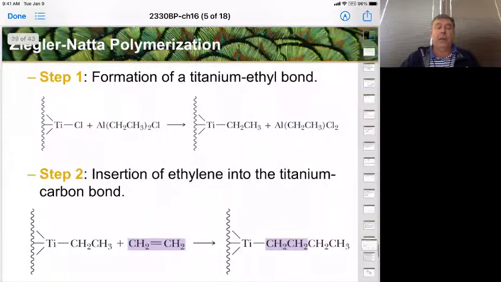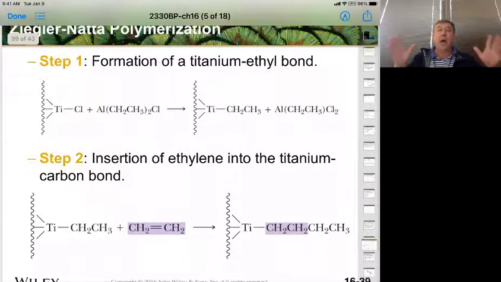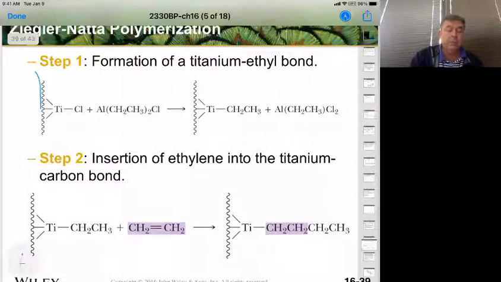Okay, so the way it's different is, number one, we're not forming a radical. Number two, it starts forming the polymer at the surface of the catalyst, okay? So the first step is we take the magnesium chloride and react it with titanium chloride, and it adheres to the surface. So now we have a titanium and a chlorine sticking off the surface of our magnesium particle, okay?